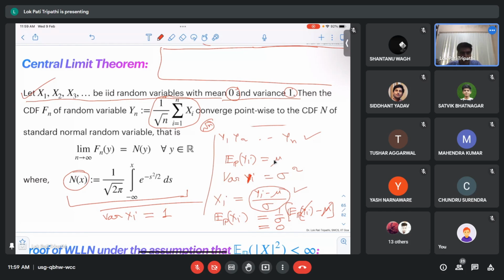Such combinations of sample mean and sample variance are called statistics. The distribution of this particular statistic converges to the distribution of the standard normal variable, and this convergence is pointwise.